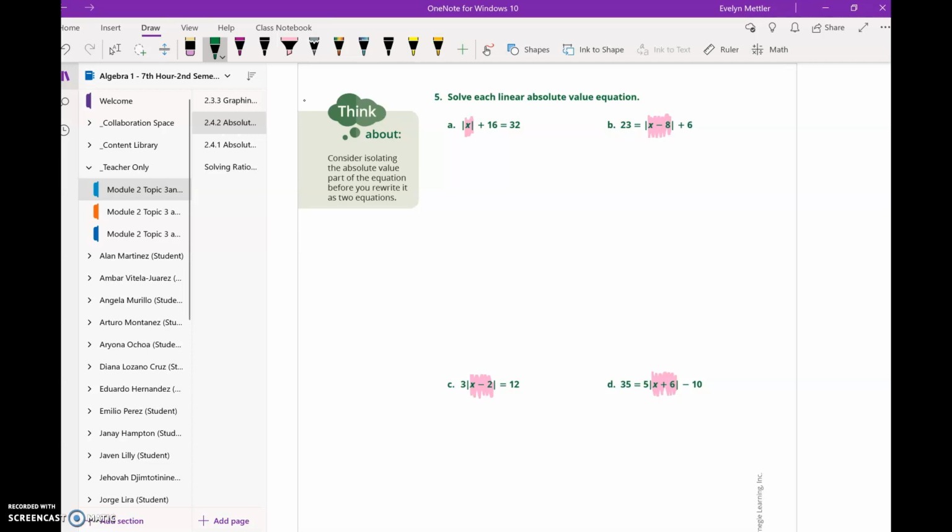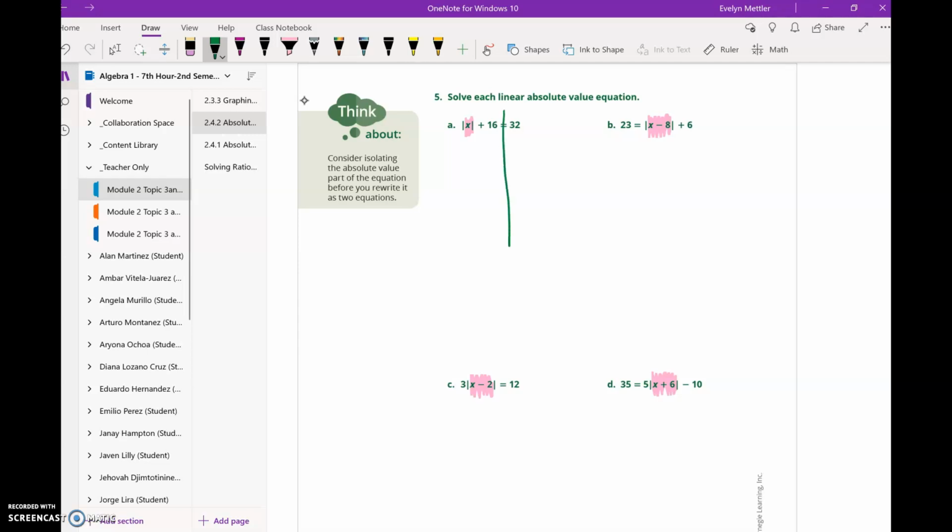But right now there's stuff happening outside that absolute value sign. So what we really need to do is get rid of everything except for that absolute value statement, okay?